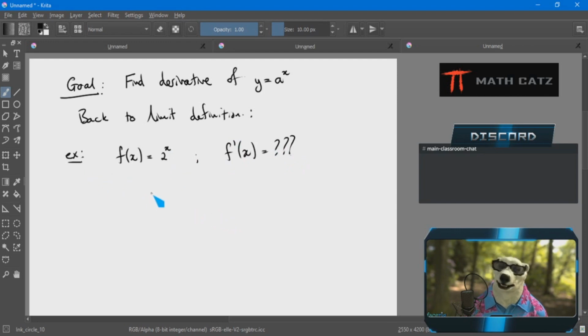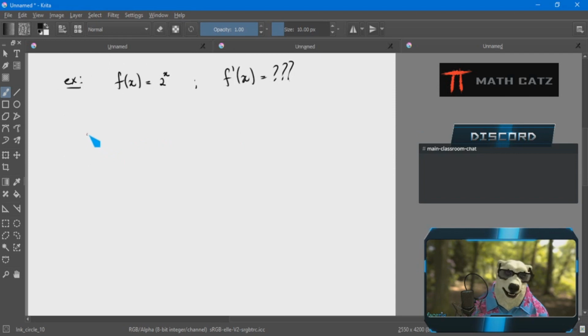Let's take an easy example, because 2 to the x, I have a good feeling about 2 to the x. It's my best chance to understand an exponential function using a 2. Okay, so I want to find what is the derivative of this function. Well, limit definition. What else can I do? It is the limit. I can at least set it up. You have to know how to set it up, right? H approaches 0.